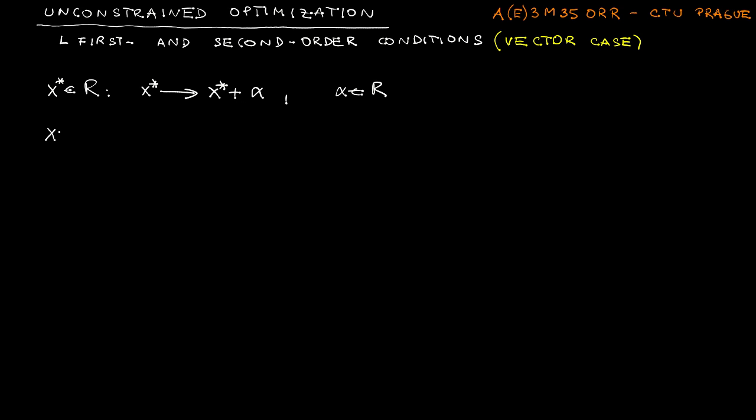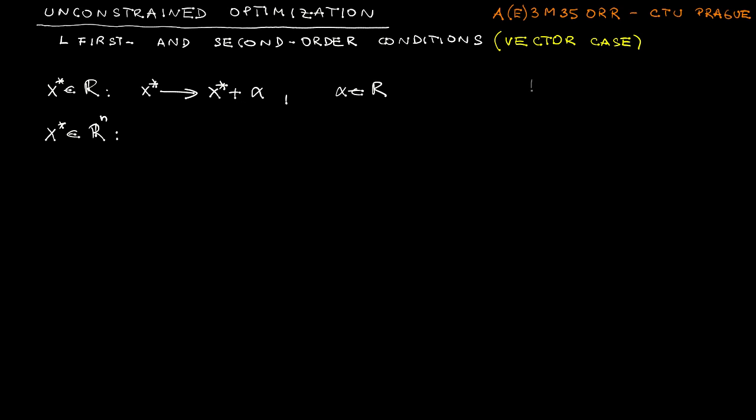That means our critical point or stationary point is no longer just a real number, but now is an n-tuple of numbers, a vector in n-dimensional Euclidean space. And now let me first sketch how the situation could look.